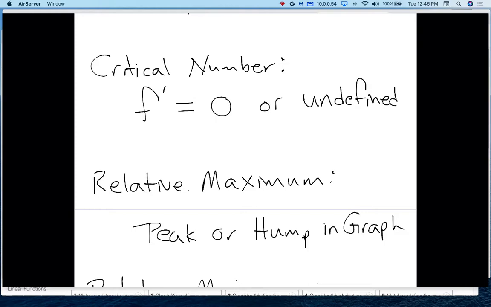Piecewise functions generally have pretty sharp changes, or it could be an absolute value function or something like that. That's when you're going to get the derivative to be undefined: a sharp change in the graph.